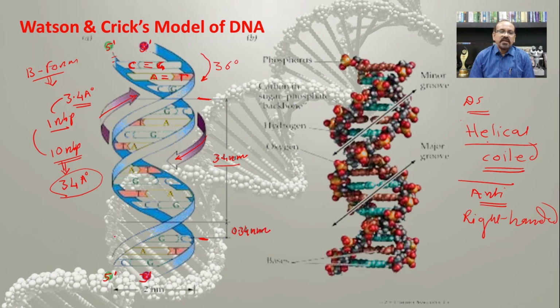So in this way, there is one nucleotide base pair in 0.34 nanometer distance, or 3.4 angstrom unit, and a total of 10 nitrogen base pairs are present in one complete turn, and that is the length of 34 angstrom unit or 3.4 nanometer distance.